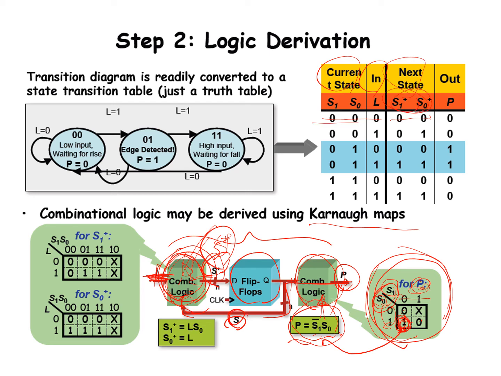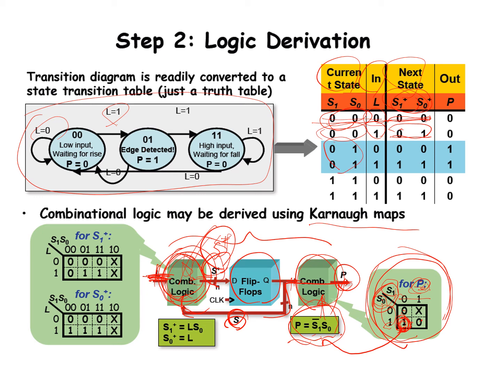We go by looking at this state transition diagram. If the current state is 0, depending on 0 and 1 input, the next state is determined, right? With 0, the next state is 0, 0, staying here. If 1, it transitions to next state 0, 1, right?